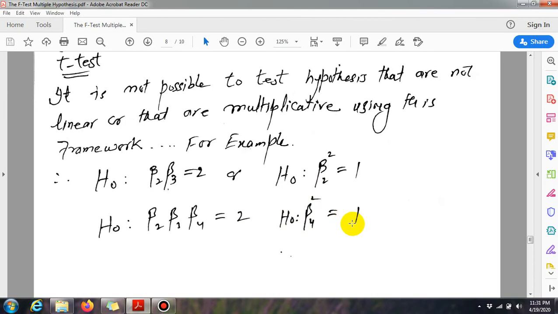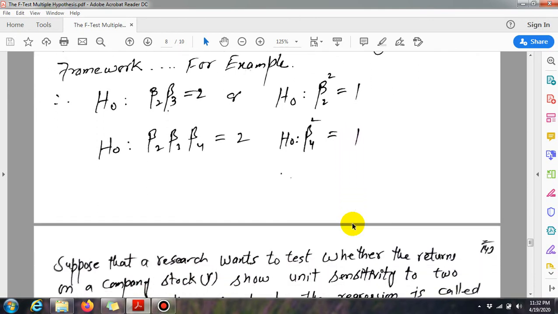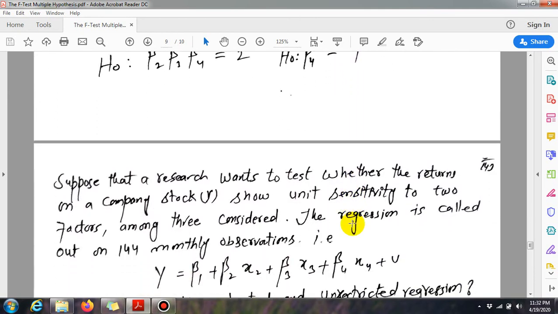These types of hypotheses cannot be tested with the help of a T test or an F test. For this type of framework, you have to use other tests which will be discussed in a later session.